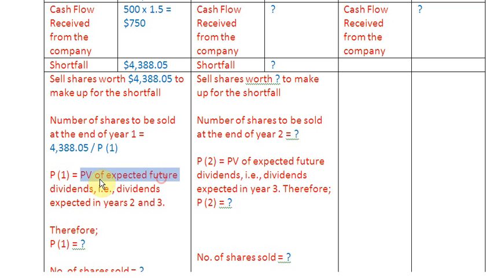In this case, if in the timeline you are standing at time period 1, then if you are looking ahead into the future, you have only year number 2 and year number 3 to look at. So what we do is we take the dividend of the second year and we take the dividend of the third year and discount them to get an estimate of price at the end of the first year. So let us do that here. Dividends at the end of the second year are $2 per share.